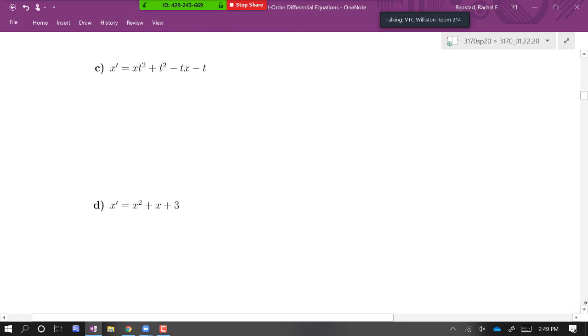So x prime is by itself on the left side, so our goal is on the right side. Can I write that as just some stuff with t's multiplied by just some stuff with x's? Like basically, can we factor it in a way where I have t stuff times x stuff?